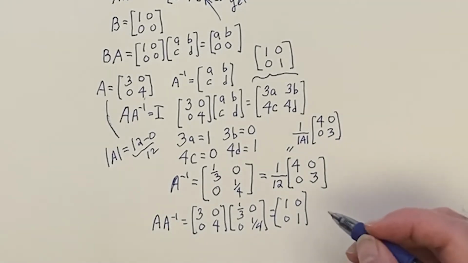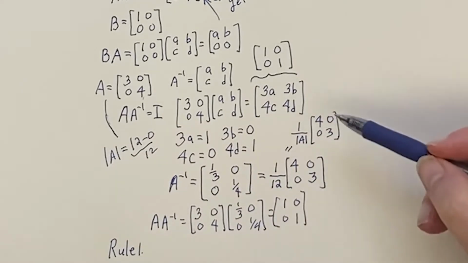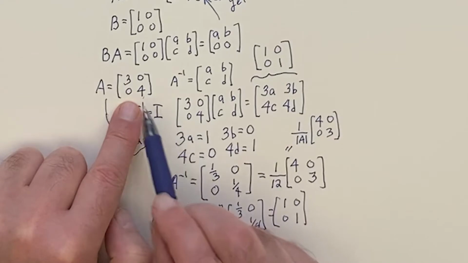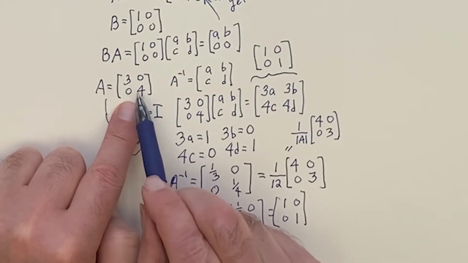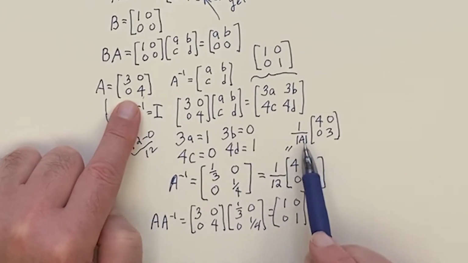So let's come up with a rule here. Rule 1. What we did here is, if we compare these two, we swap the diagonal components and we divide by the determinant.